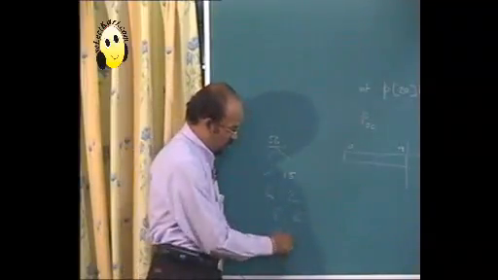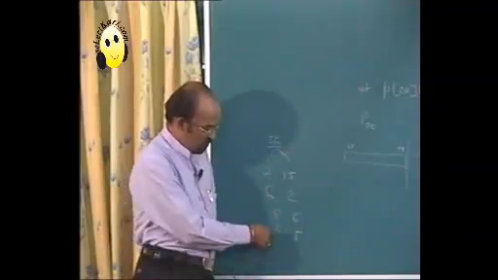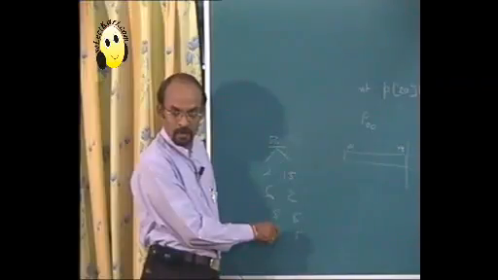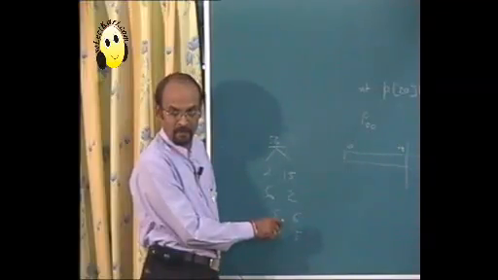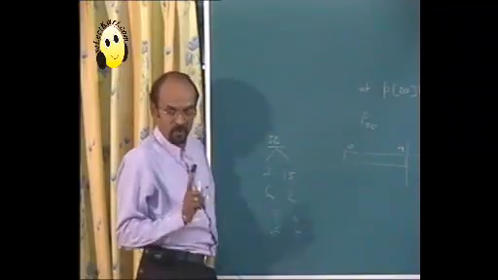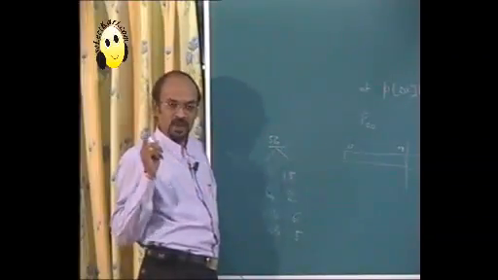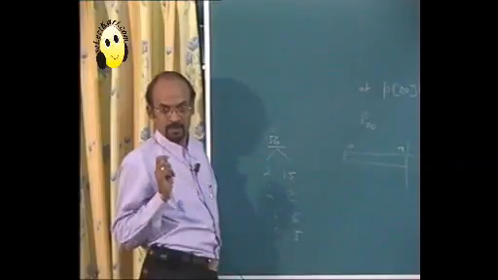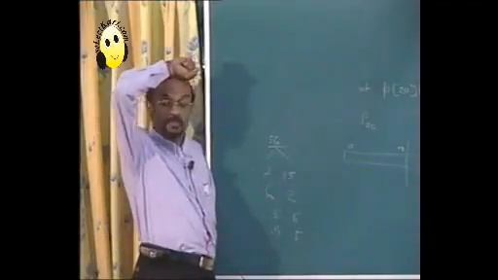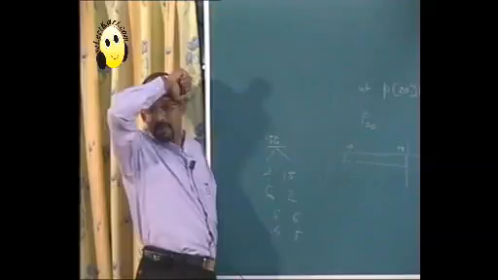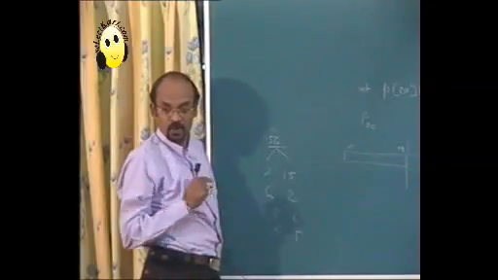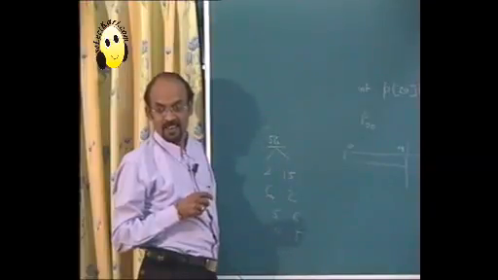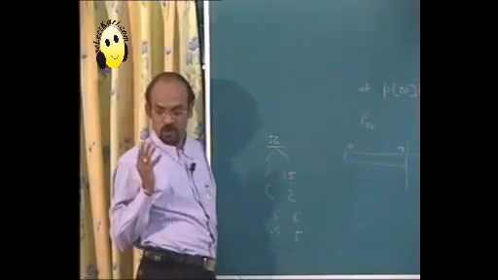Fourth row, fifth column. When you say fourth row or row number 4, how many rows are complete? 0, 1, 2, 3. 4 rows are complete.